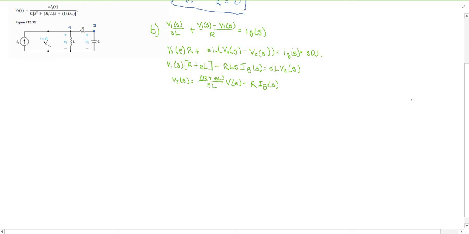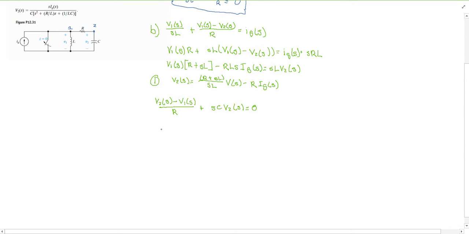Now we're going to look at the other equation that we created previously and make it into an S domain equation. The previous equation was the difference of V2 minus V1. We're making it correspond to the S domain: (V2(s) minus V1(s)) divided by R, plus sC V2(s), is equal to 0.